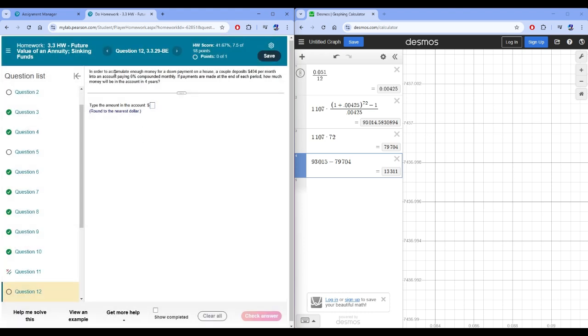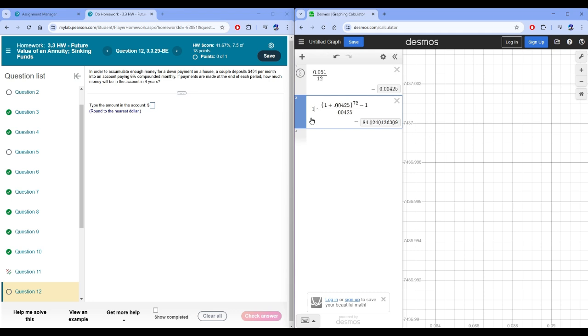Okay, in order to accumulate enough money for a down payment on a house, a couple deposits $404 per month into an account, paying 6% compounded monthly. If payments are made at the end of each period, how much money will be in the account in 4 years? So let's go ahead and change this. They're depositing $404 into the account, paying 6% compounded monthly.